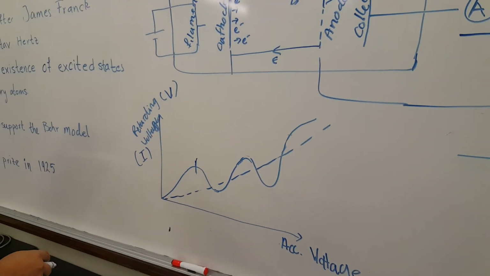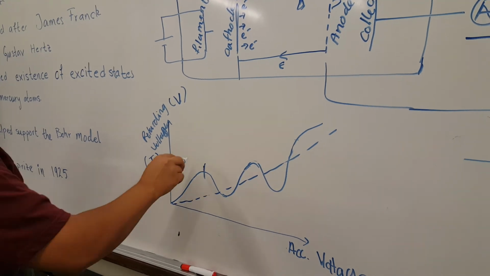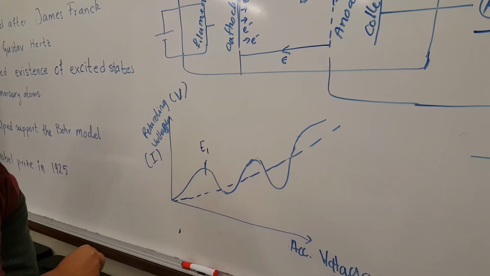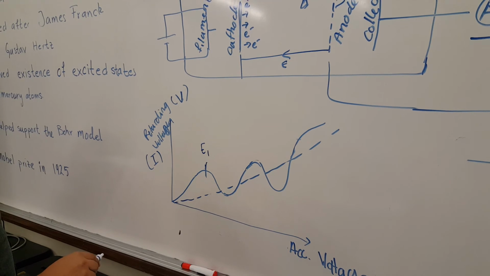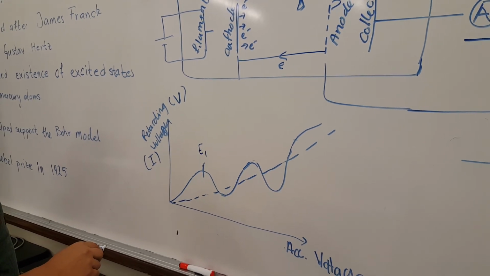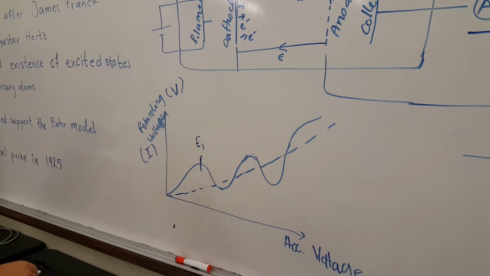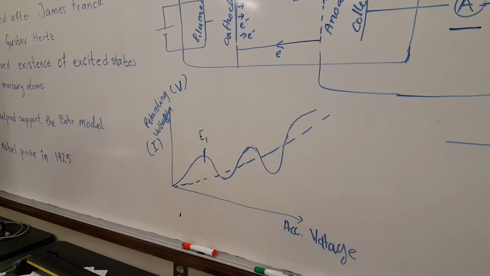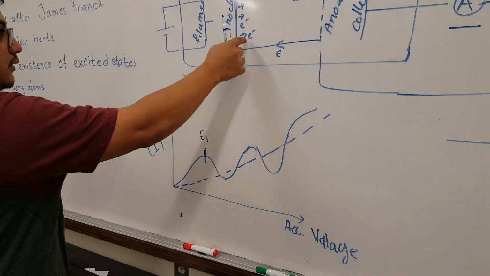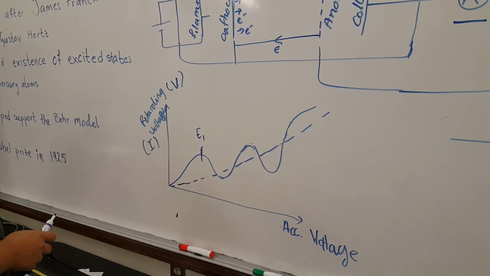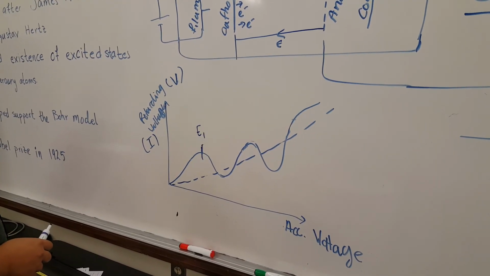But once they arrive at the point where they have enough energy to reach the particular energy state of mercury, the collision becomes inelastic, and the electrons that were initially accelerated give up their energy to excite that mercury atom.